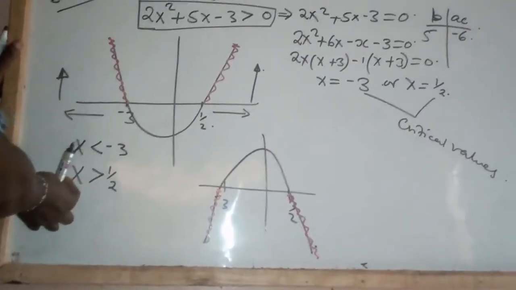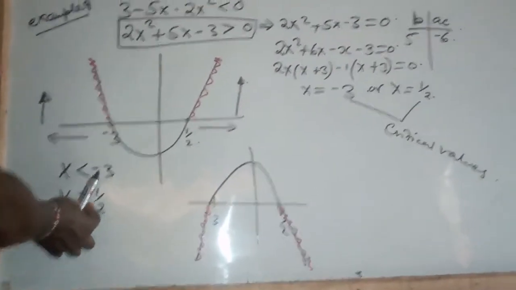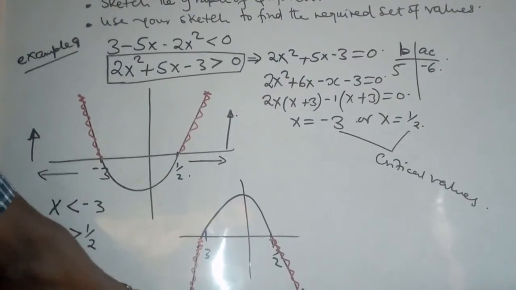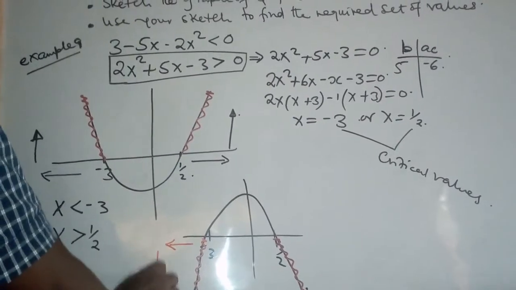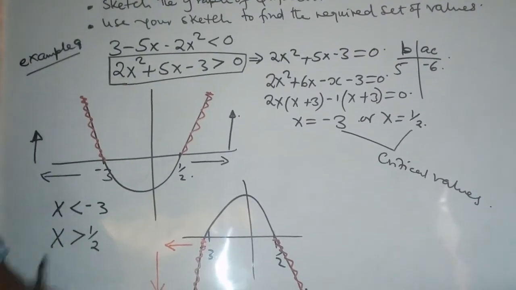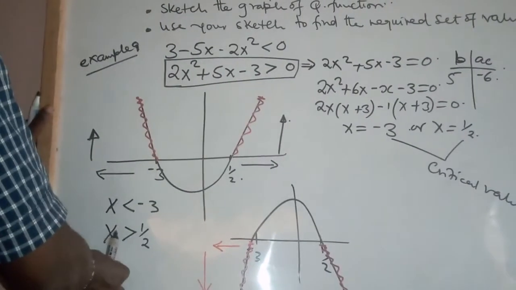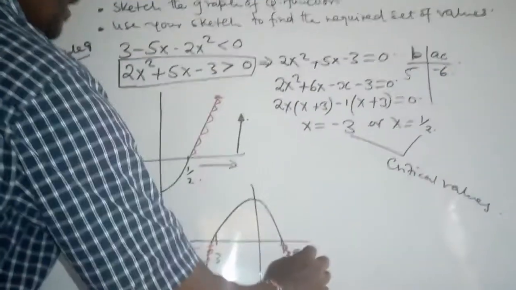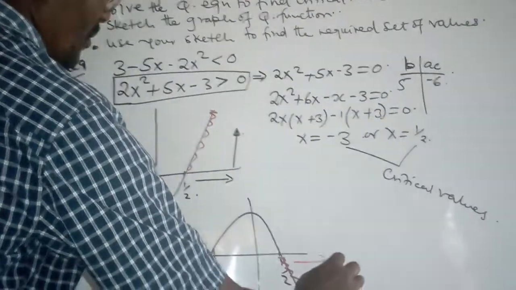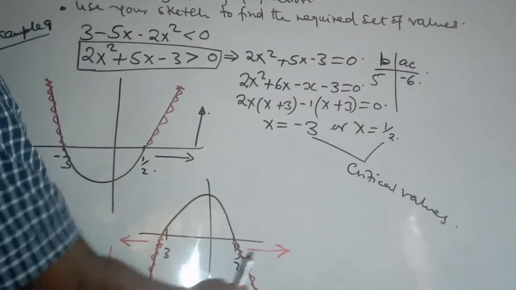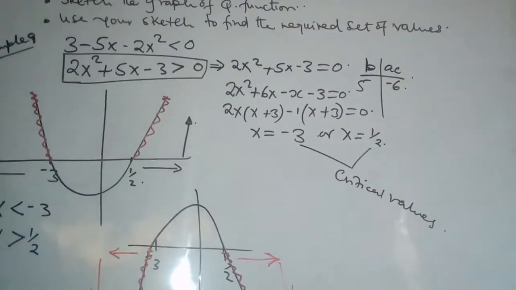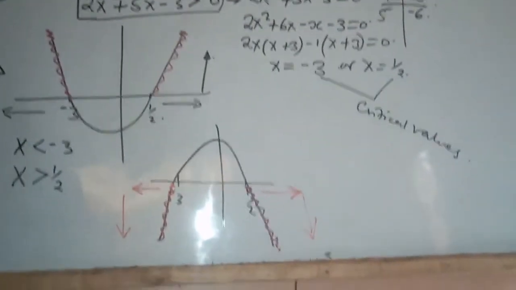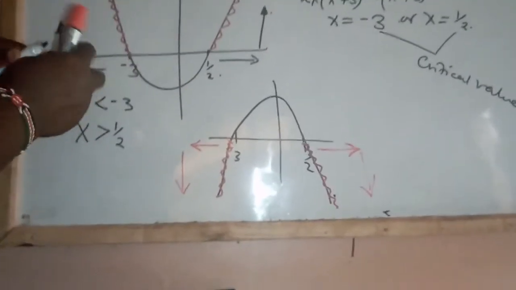For every value of x that is less than minus 3, y is less than 0. So as x tends to negative infinity, y tends to negative infinity. And for every value of x that is greater than a half, y is always less than 0. So as x tends to positive infinity, y tends to negative infinity. Either way, you would have realized the same values.